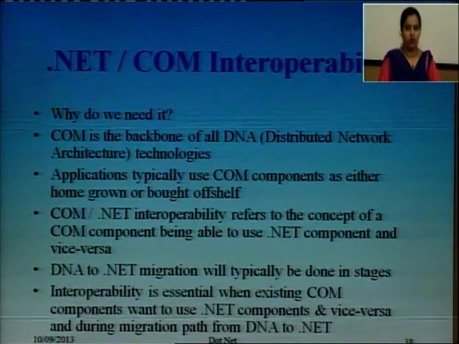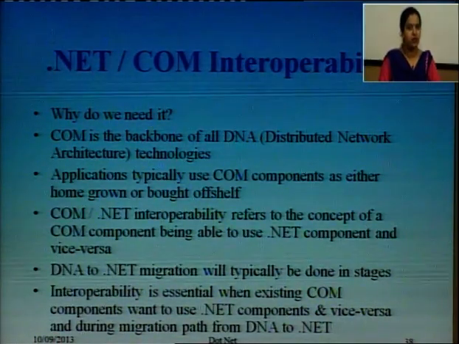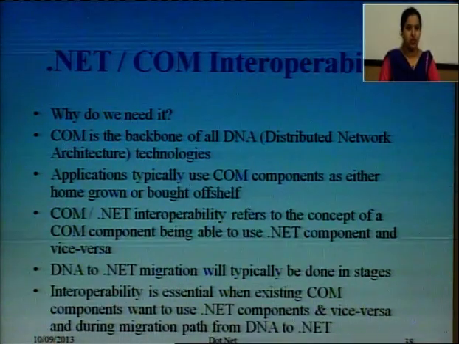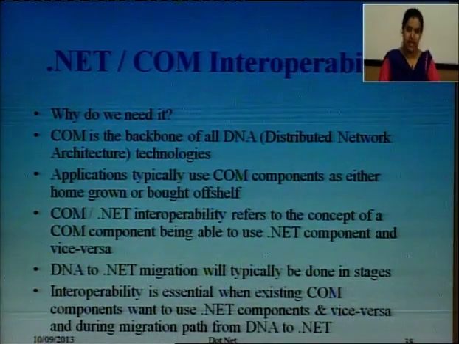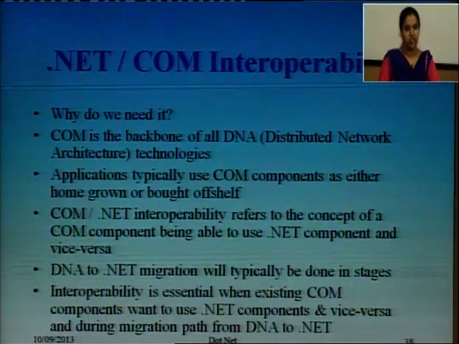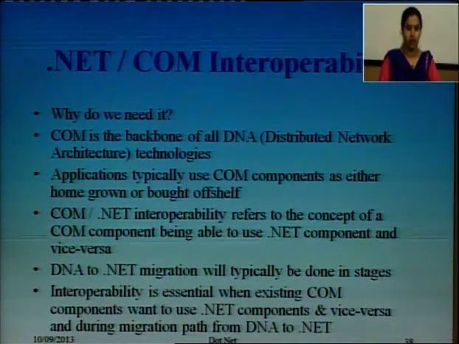DNA to .NET migration will typically be done in stages. So, interoperability is essential when existing COM components want to use .NET components and vice versa, during the migration path from DNA to .NET.